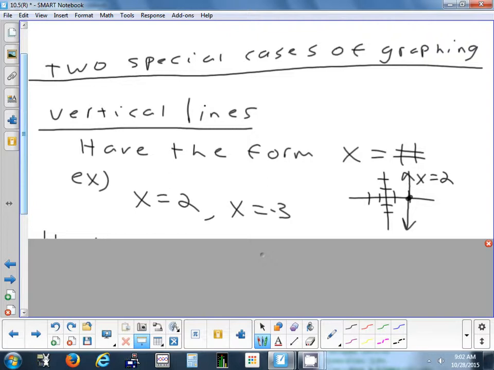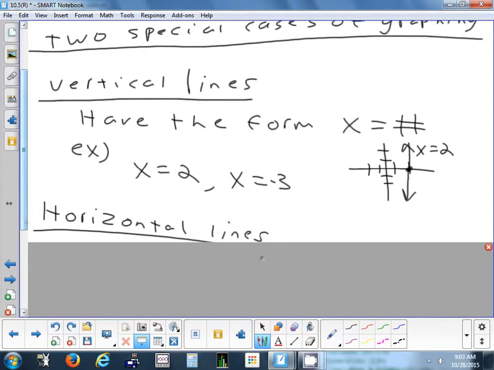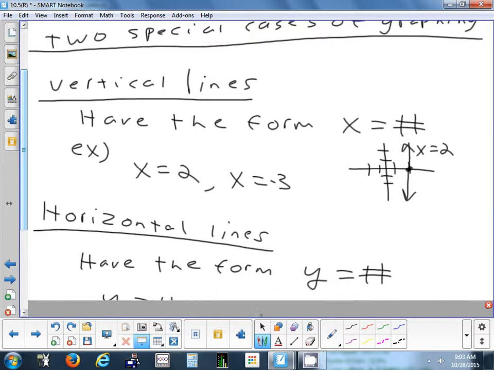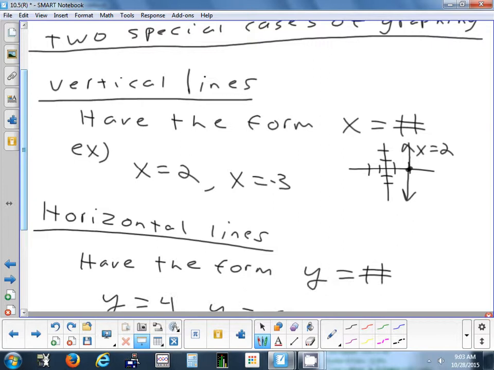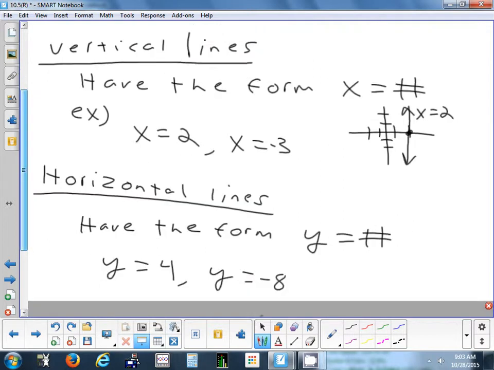We'll try a couple more of those. What other case do I have? I have vertical and horizontal. If vertical was x equals and a number, what is horizontal going to be? Y equals and then a number. What letter is missing in the horizontal?